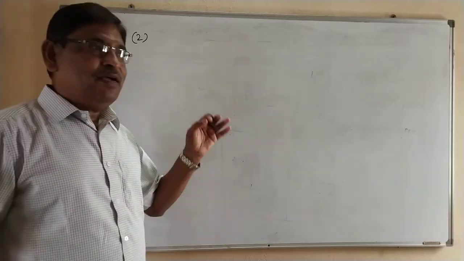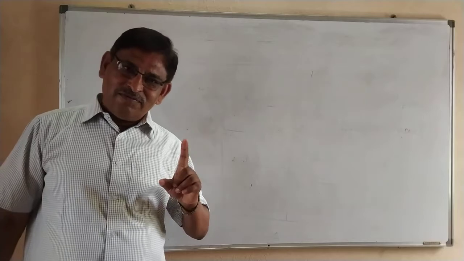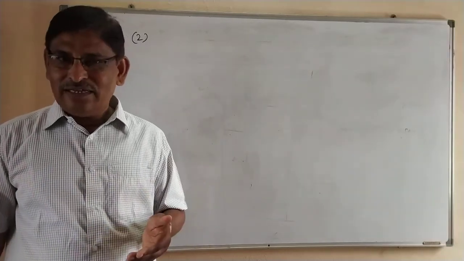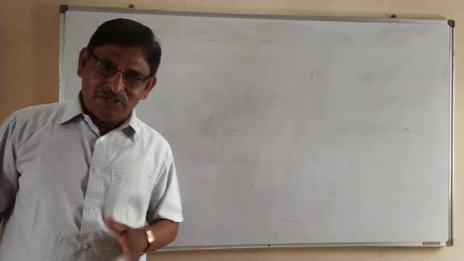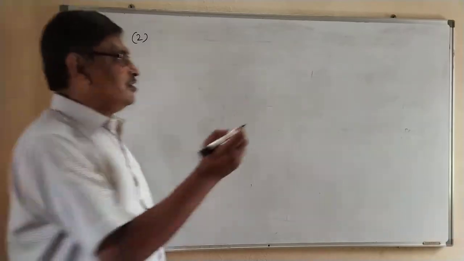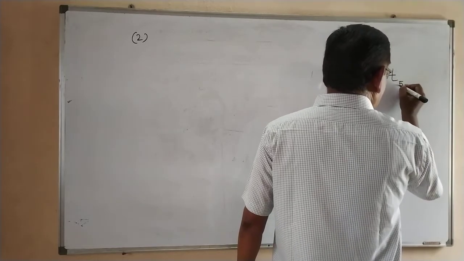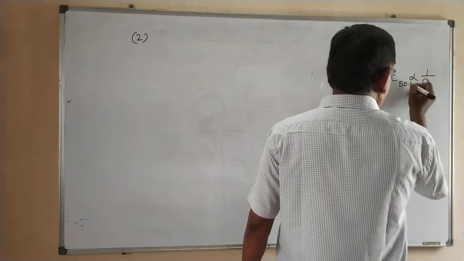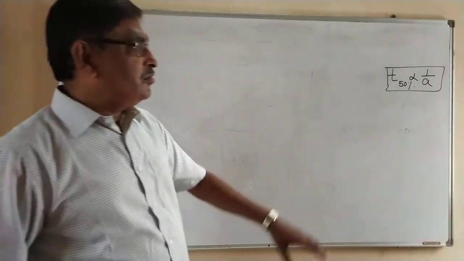What I am saying? Time required to bring about a definite fractional change, that is 50, 75, 25, and so on, is inversely proportional to the initial concentration. That means we have to show, if half time is taken into account, T50 is proportional to 1 over A. We have to prove this equation.